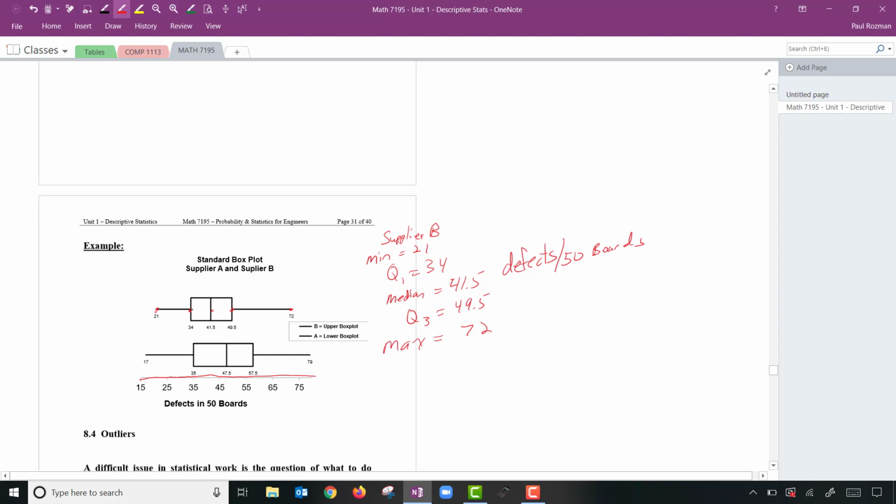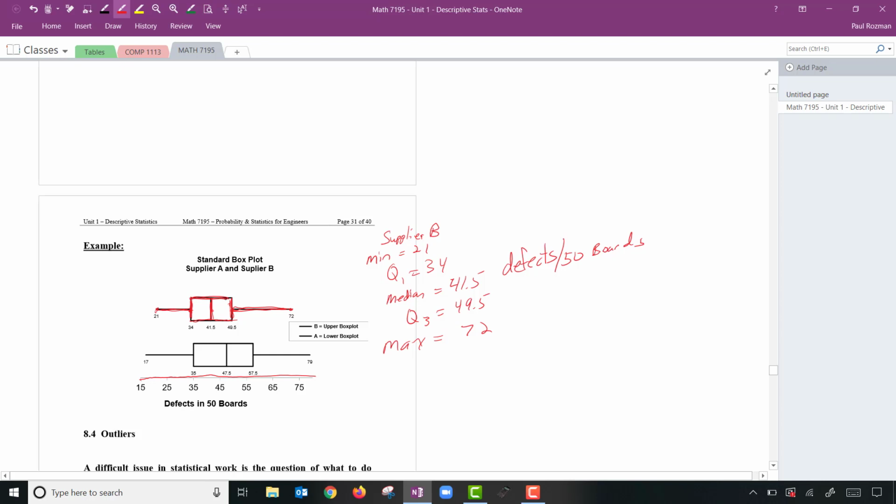Then I started connecting the dots. Q1 and the min get connected, Q3 and the max get connected. The height of the box, I could have drawn any height. Maybe this is the golden ratio or something. So I just made heights for the other three, and I finished off the box.